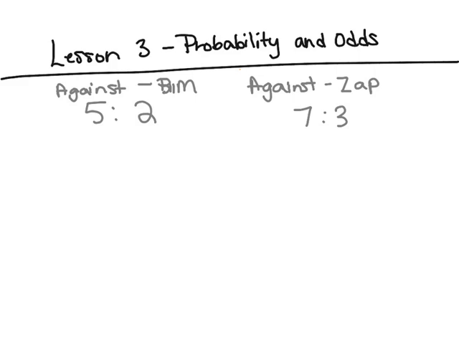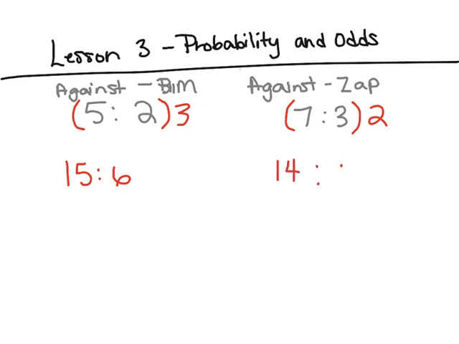So first thing we're going to do is multiply to make our ratios equivalent. So we're going to multiply the first one by 3 and the second one by 2. So they turn into 15 to 6 and 14 to 6. So now we want to compare them so they are the same.